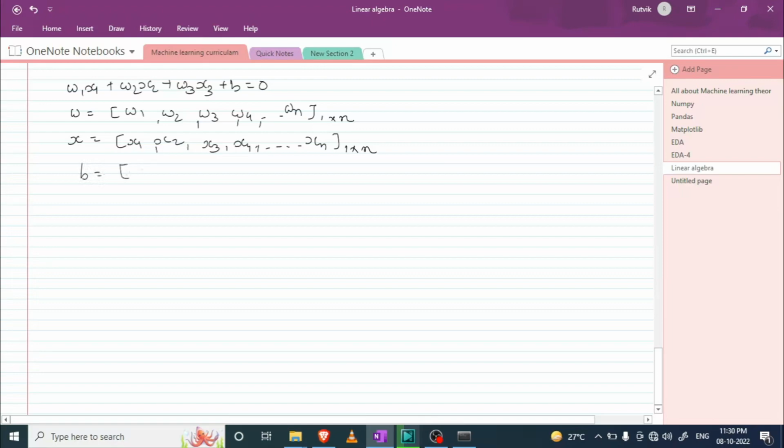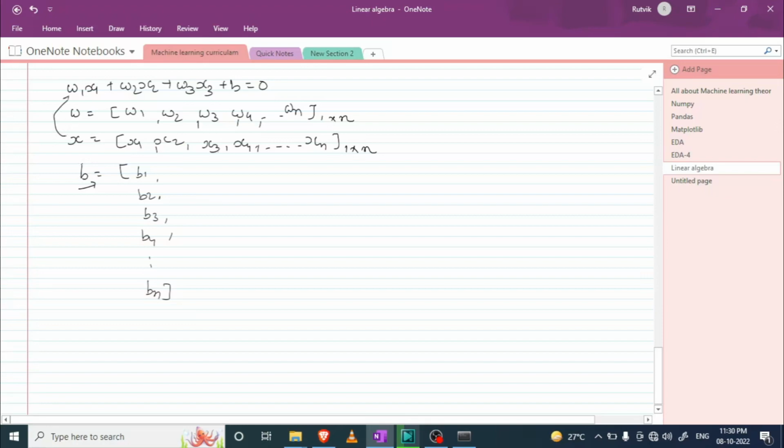Instead of writing this bias as a row vector, I'm going to write it as a column vector: b1, b2, b3, b4 up to bn.